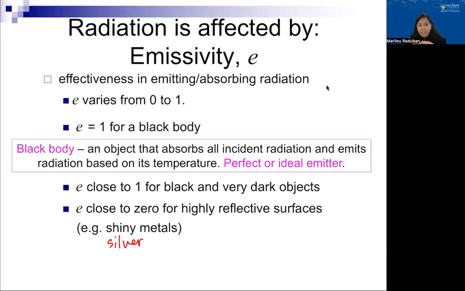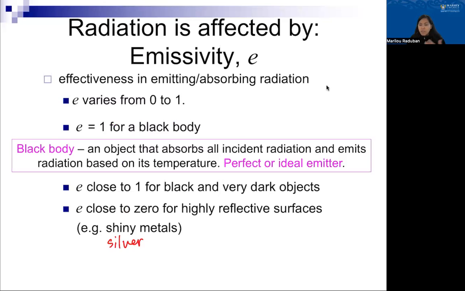So instead of absorbing the energy emitted by the body, the silver blanket, with emissivity close to 0, reflects all of the energy emitted by the body back to the body, and therefore that keeps the body warm.